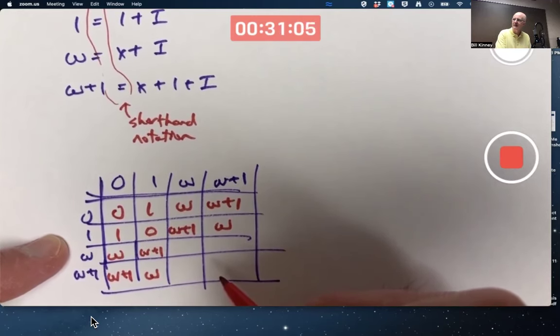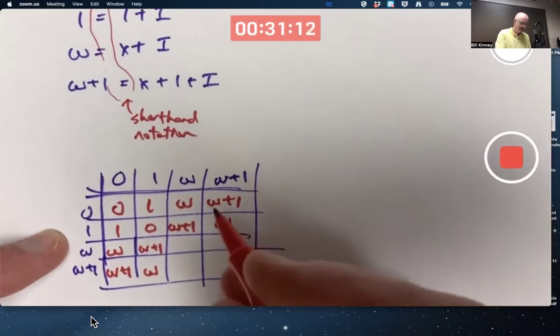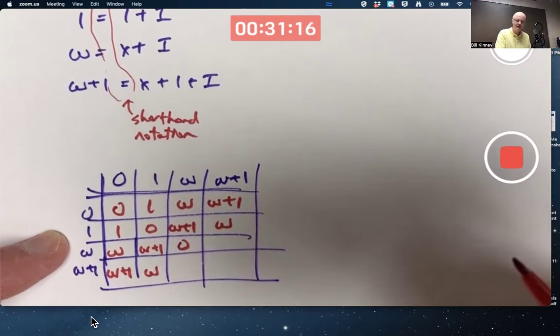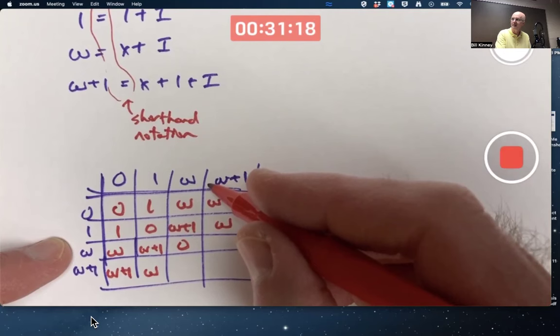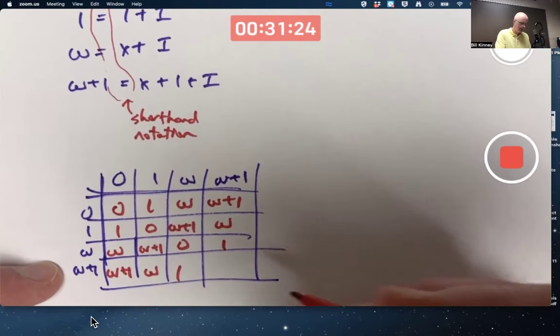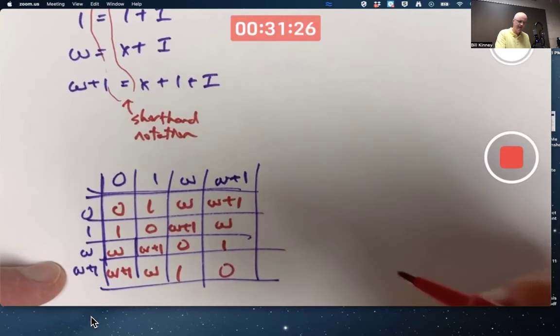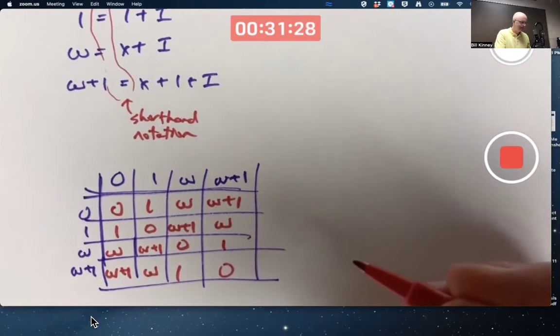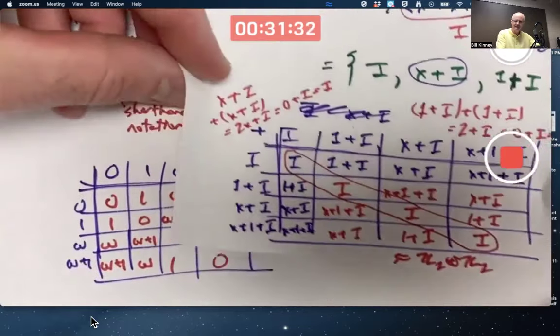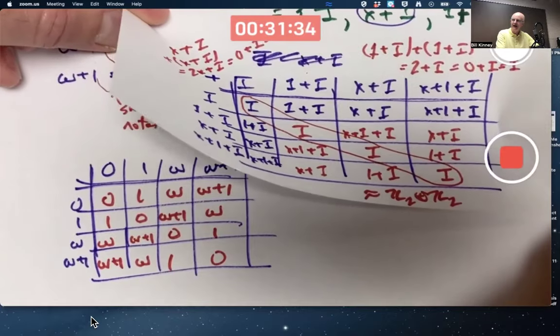The only thing I'm doing differently is I'm just using the shorthand notation for these coset elements. Omega plus itself is 0 because it's 2 omega mod by 2. Omega plus 1 is 1. Omega plus 1 plus itself is 0. This is effectively the same Cayley table as this was. Just a lot quicker to write.